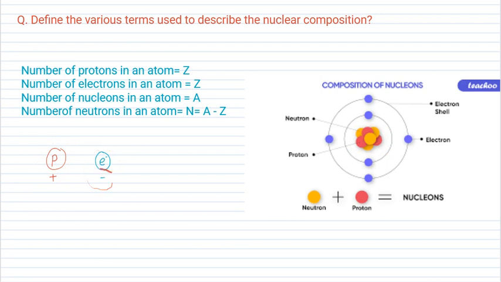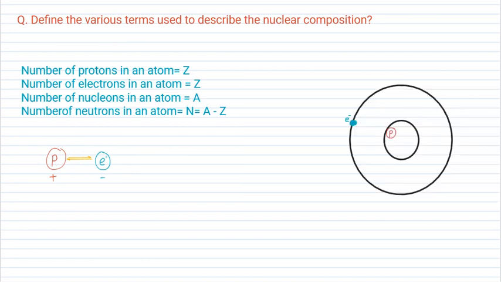An electron is negatively charged. So from here we can conclude that in order to make an atom stable, you should have a positive as well as a negative charge, which will make them in total a neutral atom. Therefore you will have a stable atom. Therefore for one proton there must exist one electron. Is that clear?